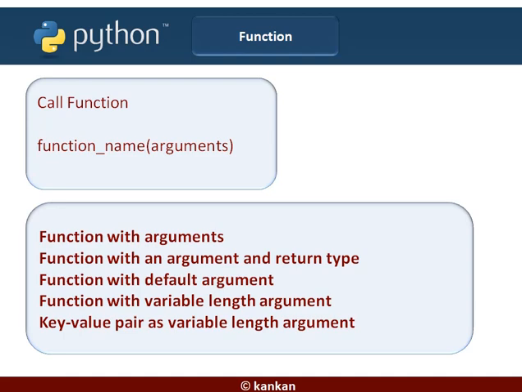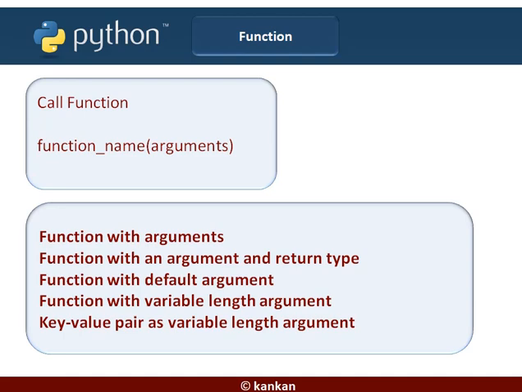Now there are various ways in which a function can be written or exist in any programming language. Function with arguments. Okay, we will discuss various ways. So far we have seen functions which have no arguments.